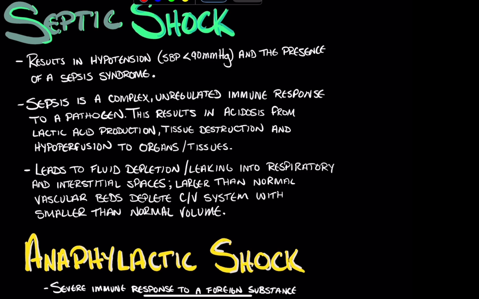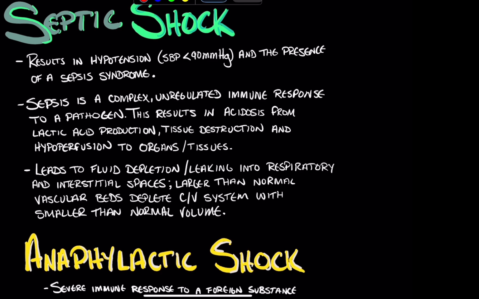Inevitably, this is going to lead to fluid depletion, leaking into interstitial spaces. With these immune responses, you're usually going to have increased permeability of our vascular system, so you'll end up with leaking even into our respiratory spaces as well. So, pulmonary edema, right?